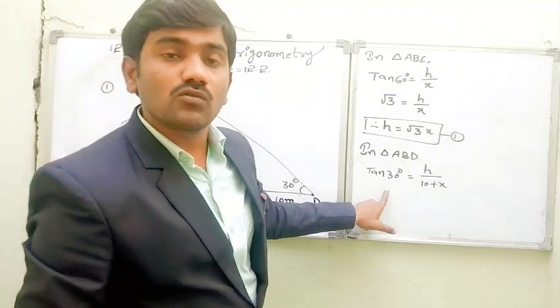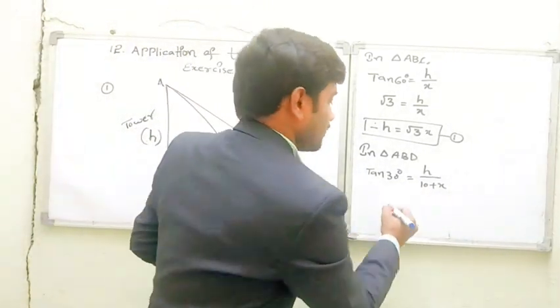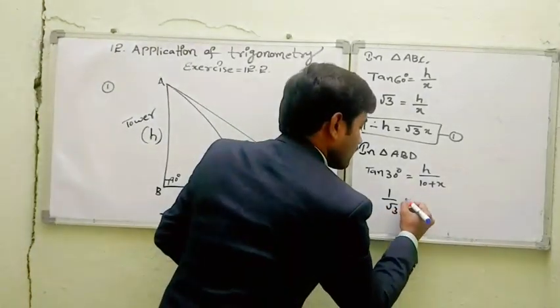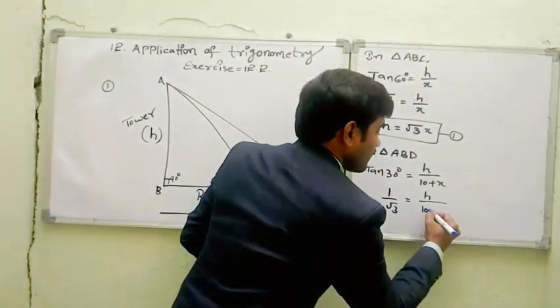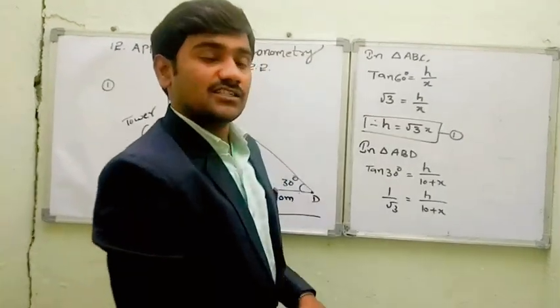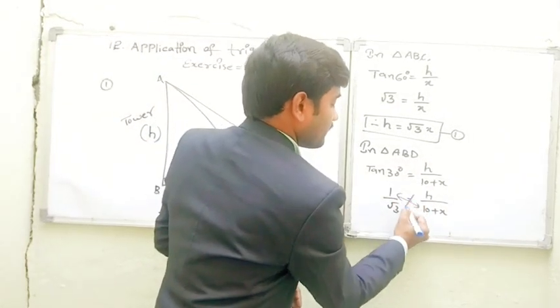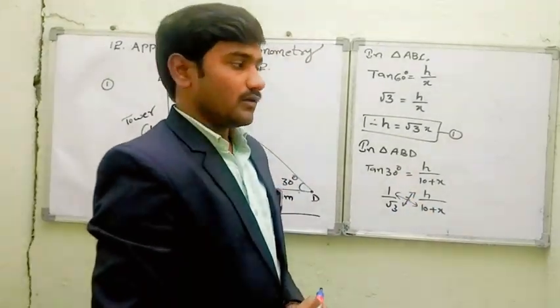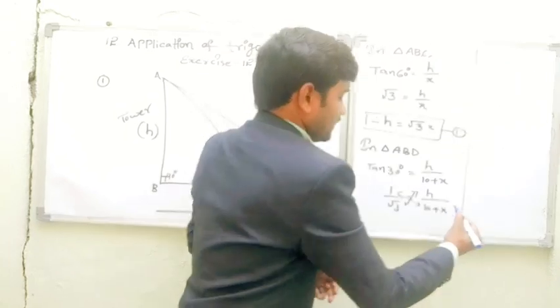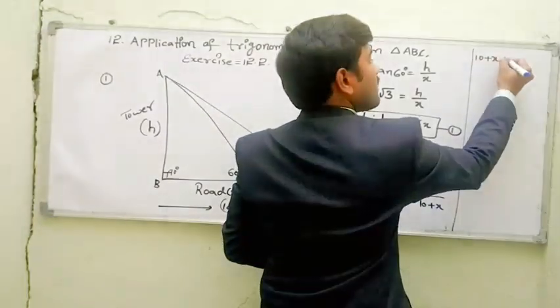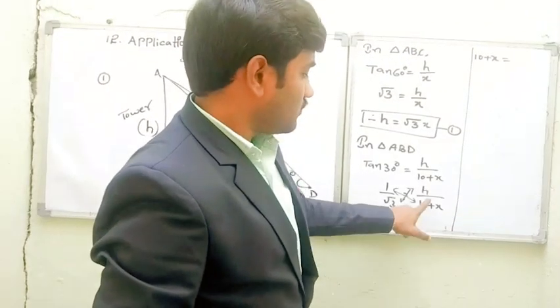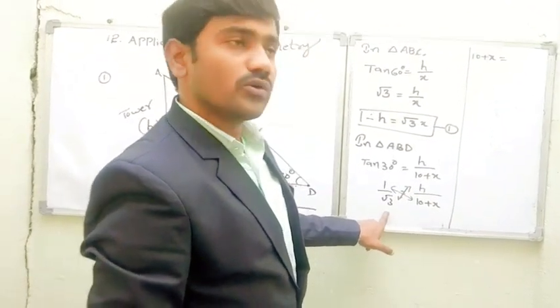Let us substitute the tan 30 degrees value, 1 by root 3, equal to H by 10 plus x. Let's do the cross multiplication here. What we get? Here 10 plus x equals H into root 3.